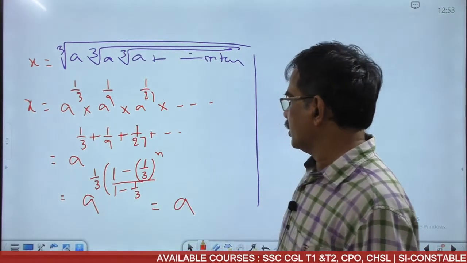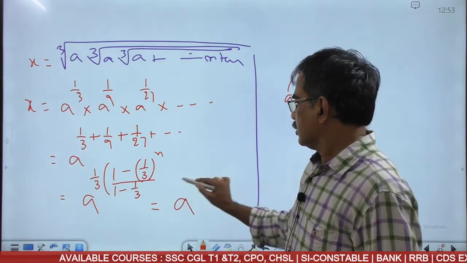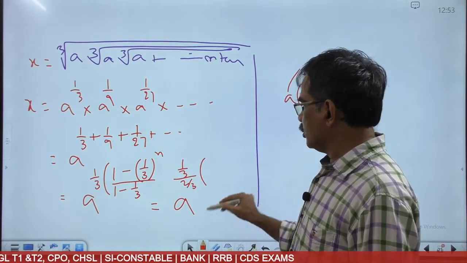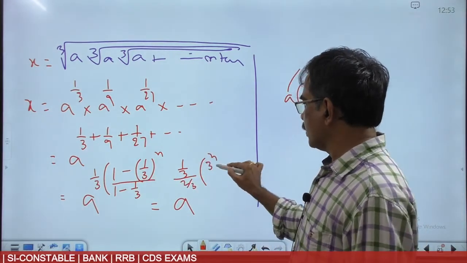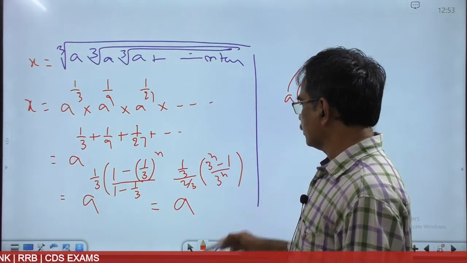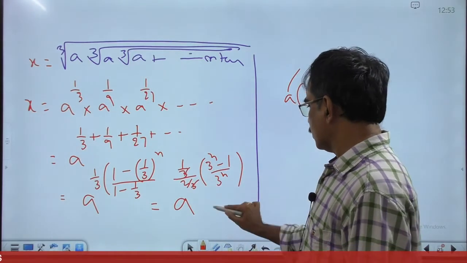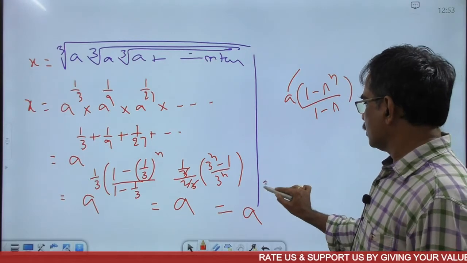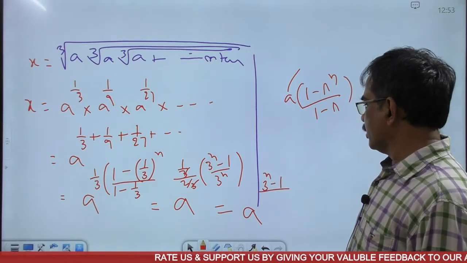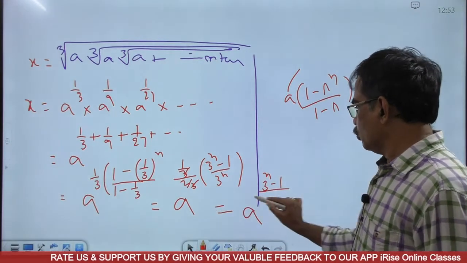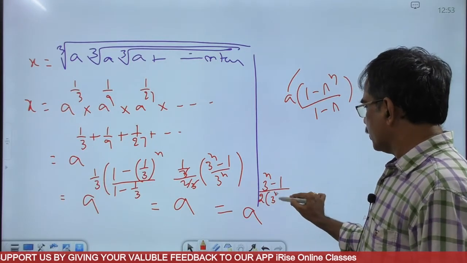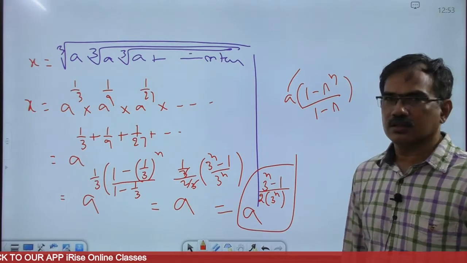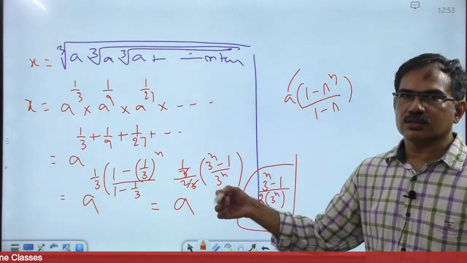This is a power 1 by 3, this is 2 by 3 into, this is nothing but 3 power n minus 1 by 3 power n. 3 cancels. So the answer is a power 3 power n minus 1 by 2 into 3 power n. If you create a formula like that, we can get the answers easily.